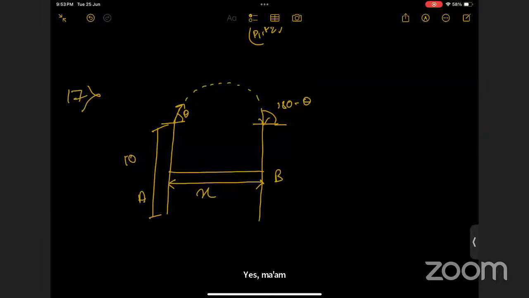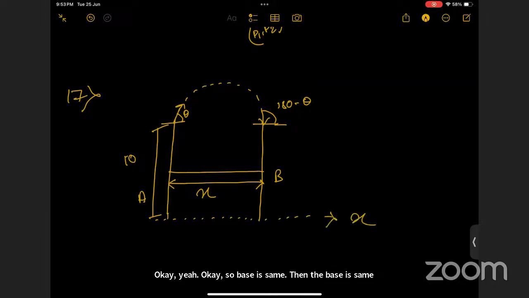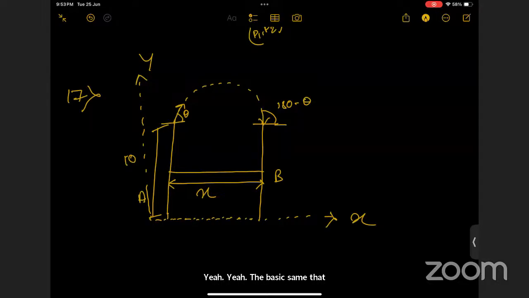Ma'am, actually both are of the same height. Okay, both are of the same height, so the base is same. So this is our X. And this is probably our Y. Ma'am, I think house B should also be 10 feet. Yeah. That means the height of both houses is 10 feet.